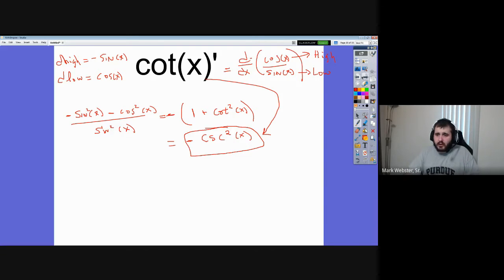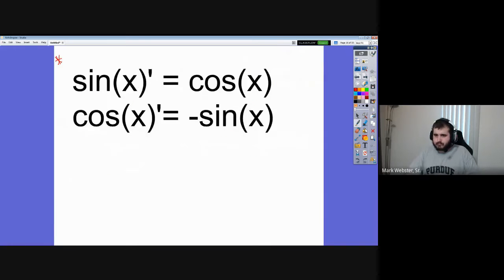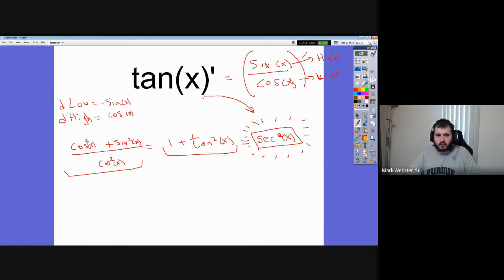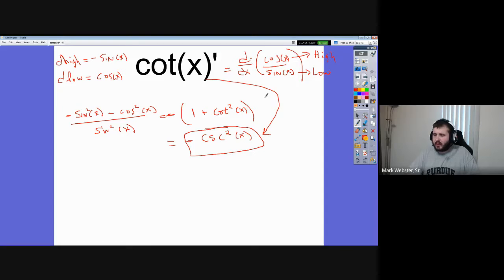And so I want you to look at the commonalities here. Sine and cosine are linked together like this. Tangent and secant, cotangent and cosecant, right? So the derivative of tangent is secant squared. The derivative of cotangent is negative cosecant squared.